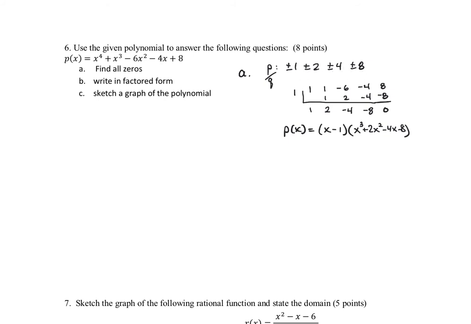possible rational zeros. So I'm going to try -1. And again, I'm going to synthetically divide on this smaller polynomial. And it doesn't look like -1 works. So we can try +2.